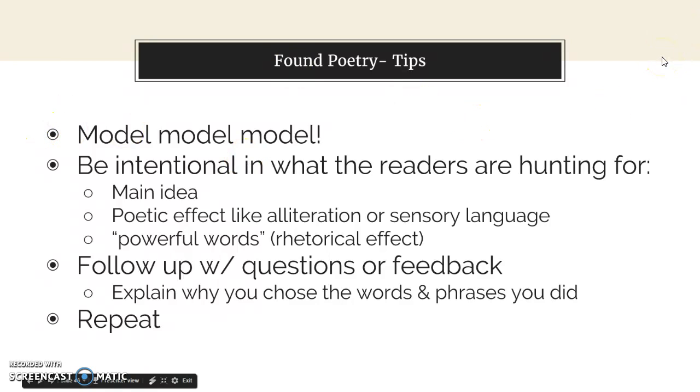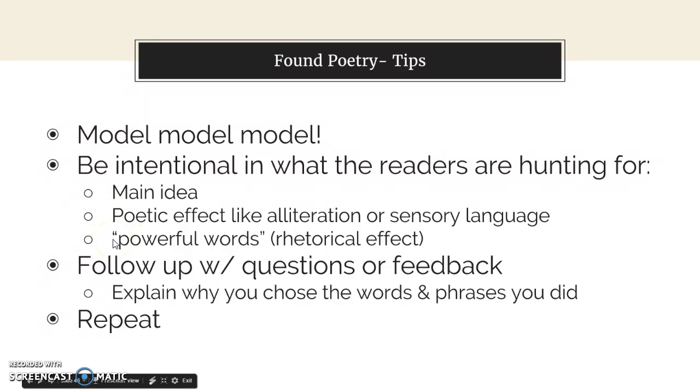Whatever you do, you want to be intentional in what it is you're asking them to search for. So tell them, circle the words that have to do with the main idea, and then you can black out everything else. Or even circle poetic effect words like the use of alliteration, so all of the words that start with an S sound, for instance.